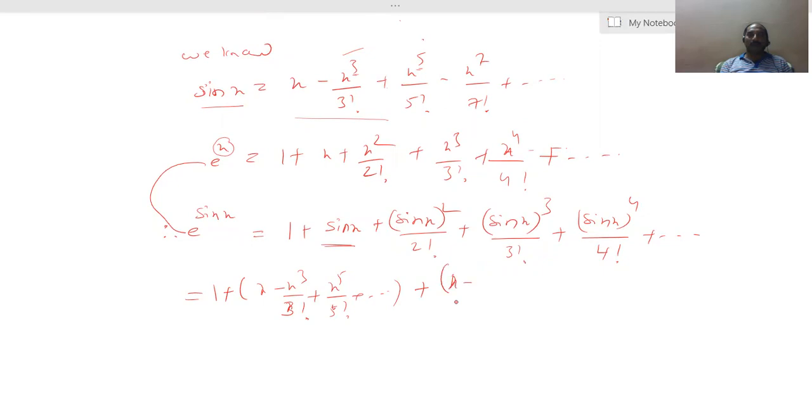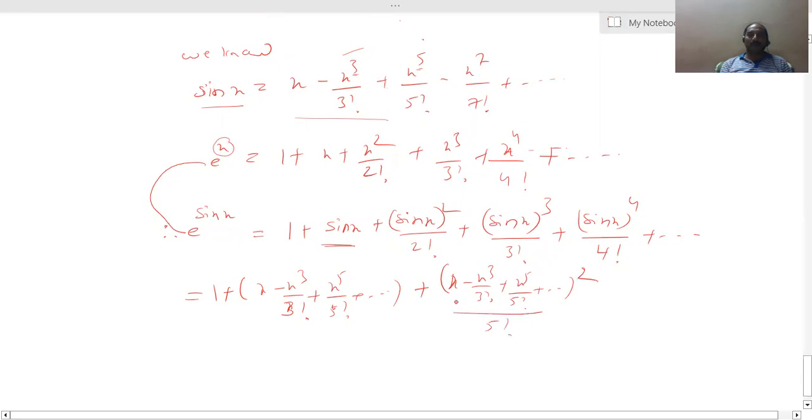As usual, substitute the sin x value, x minus x cube by 3 factorial plus x power 5 by 5 factorial and so on, whole square by 2 factorial, not 5.